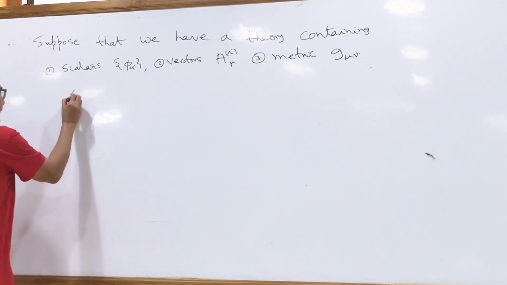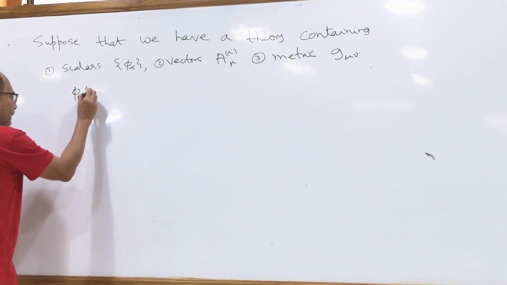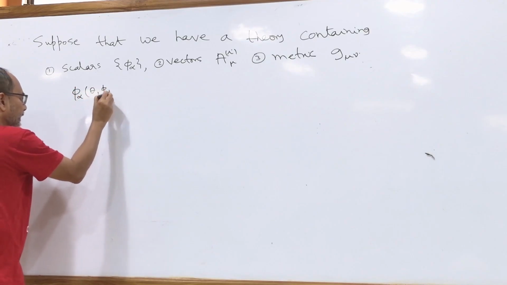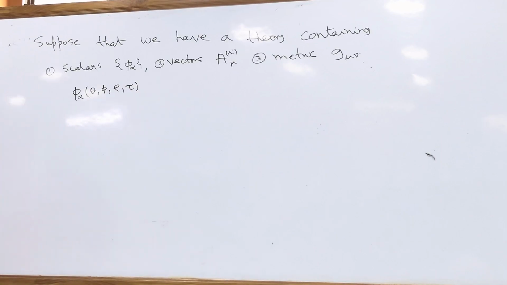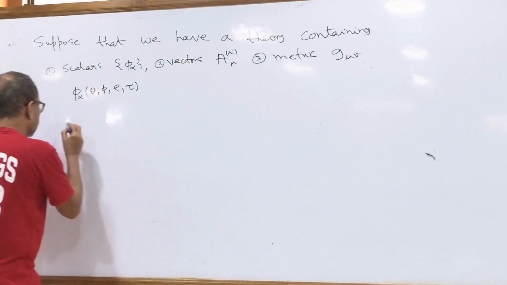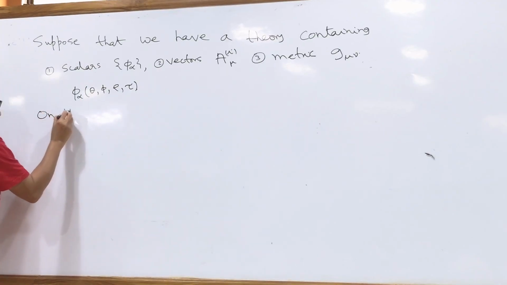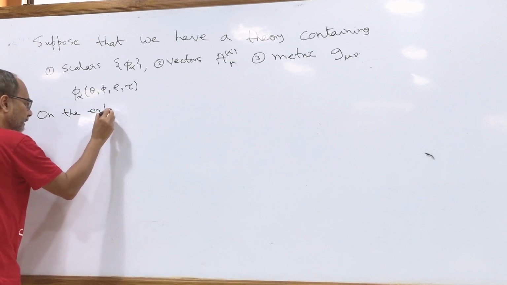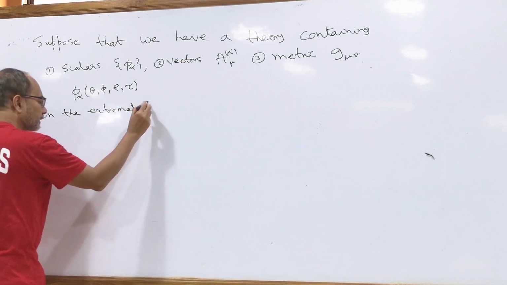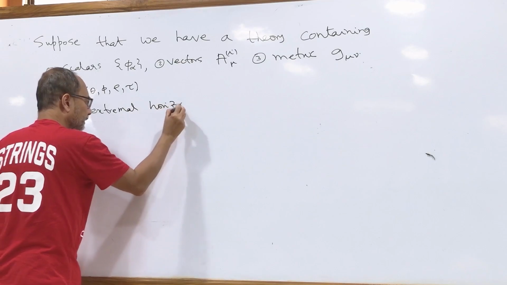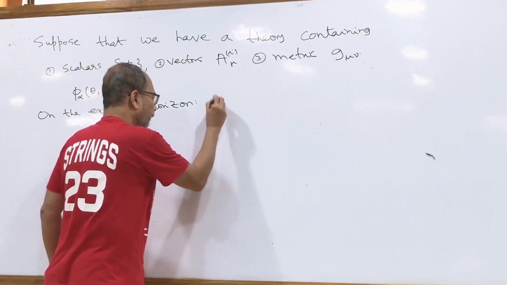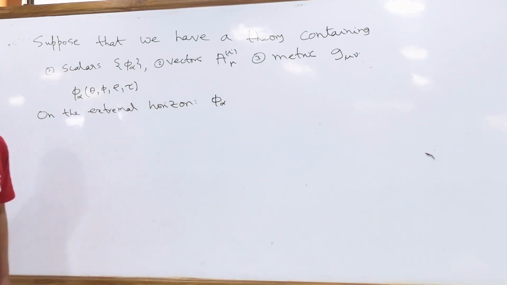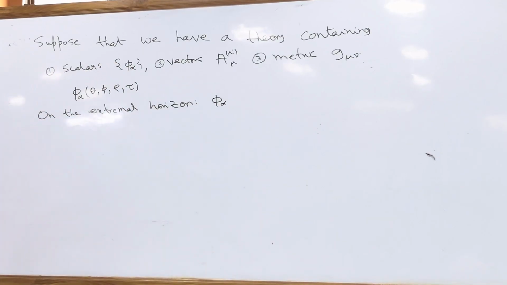So the scalar field phi alpha is a function of theta, phi, rho, and tau, in general. But on the extremal horizon, what will be the form of phi alpha, if you want that it should be invariant under the symmetries?